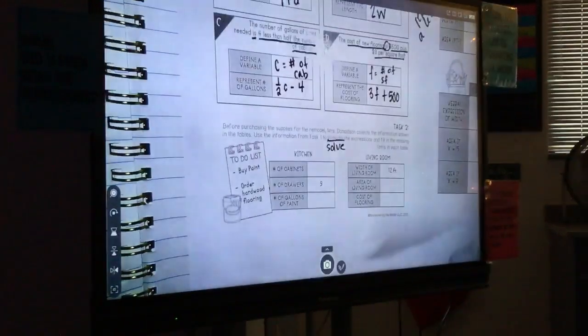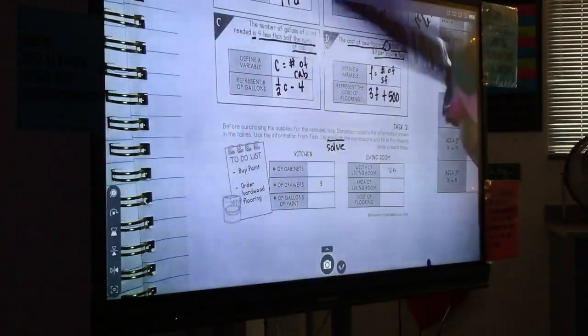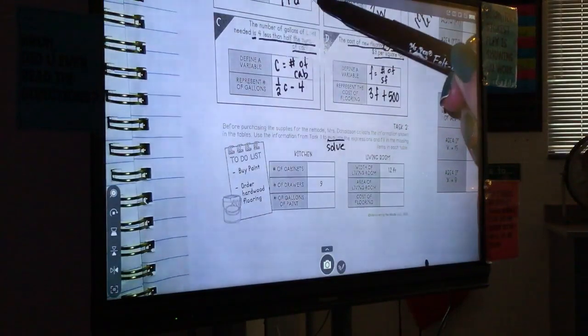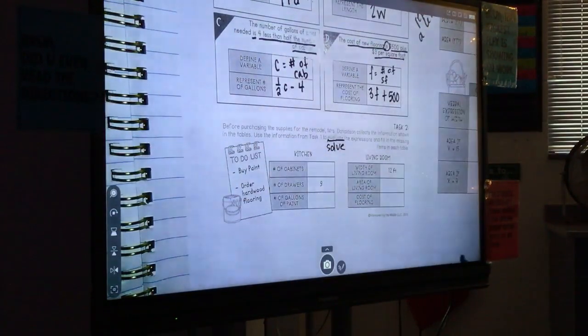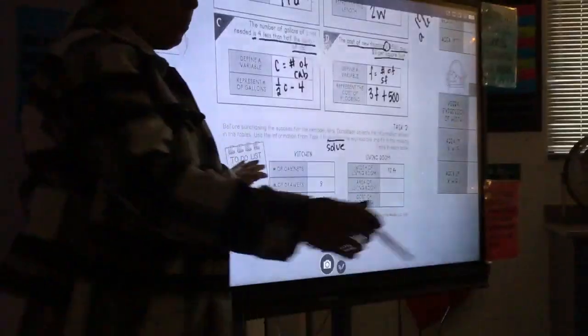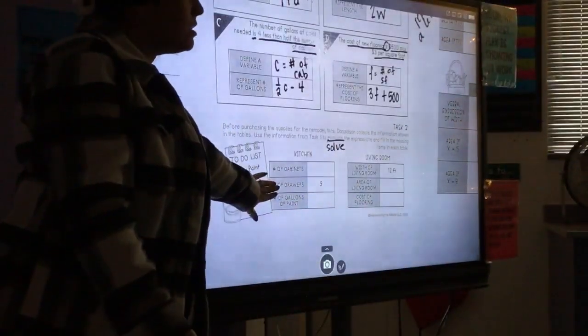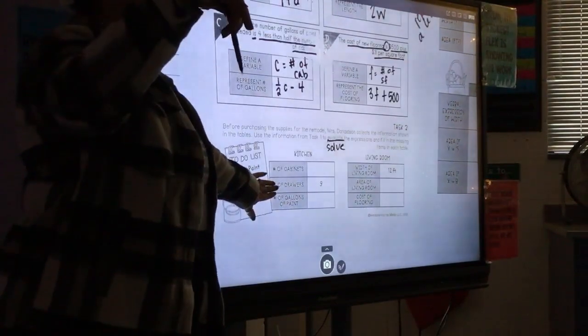So if I'm trying to find the number of cabinets, I'm going to use this expression. Do I know the number of drawers, based off of this table? I'm sorry, read the table, please. Do I know the number of drawers? Stop, just get your brains on. Look at this. Do I know the number of drawers? Yes, I do.